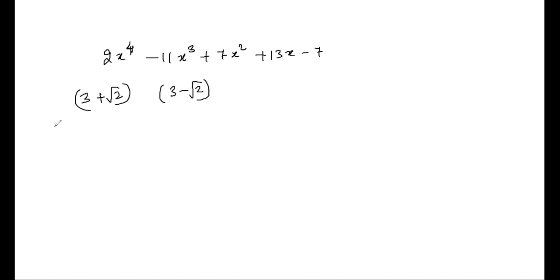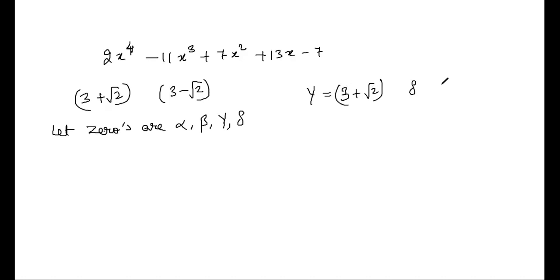So same way, let the zeros be alpha, beta, gamma, delta. Okay. So we can consider here gamma is 3 plus root 2 and delta is 3 minus root 2.